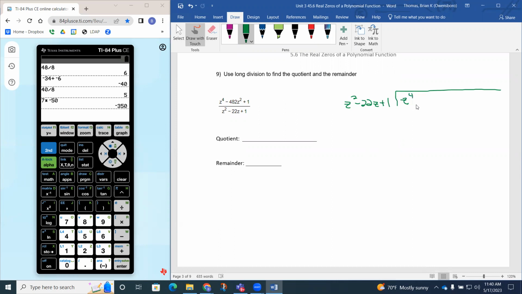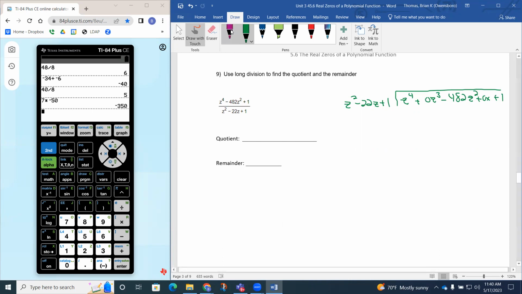Notice that the third term is missing, so plus 0z cubed minus 483z squared. We're also missing the linear term, so 0z and then plus 1. So again, once we lay that out, it's pretty straightforward after that.